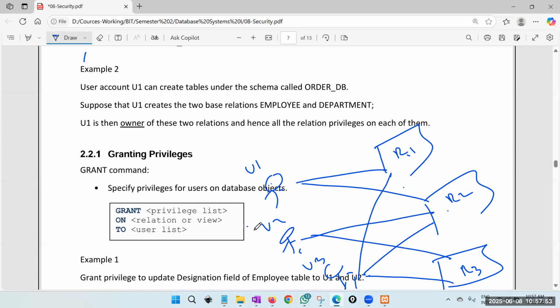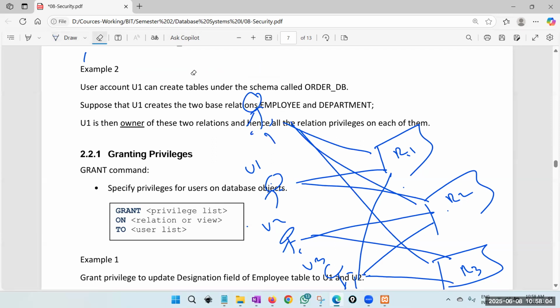Whenever a new user is created, you need to give access to a set of required resources. Maybe you don't want to give access to this. So this is an easy approach, but it needs a lot of work, because whenever a user is created, you need to manually assign access. This is called user-based privilege.